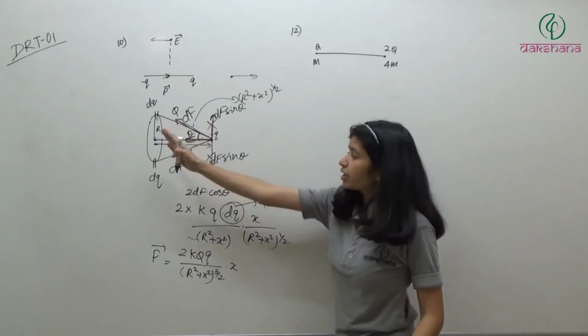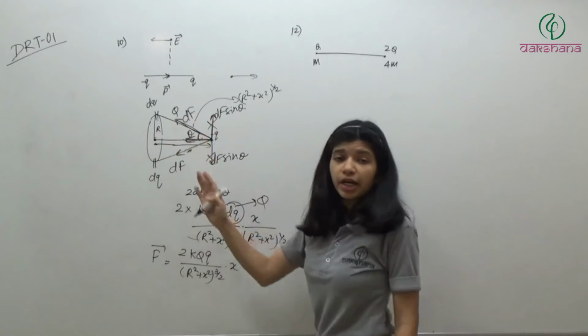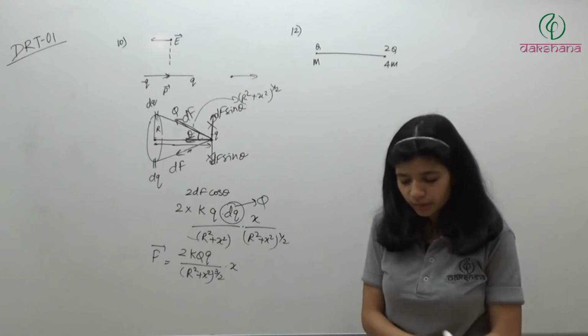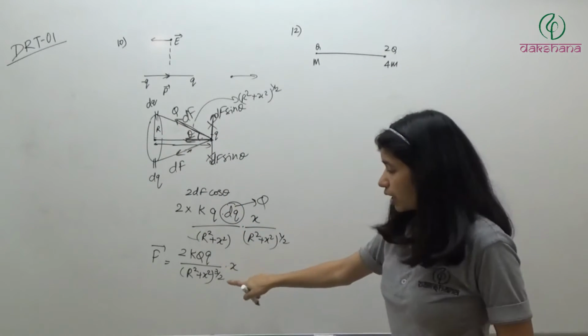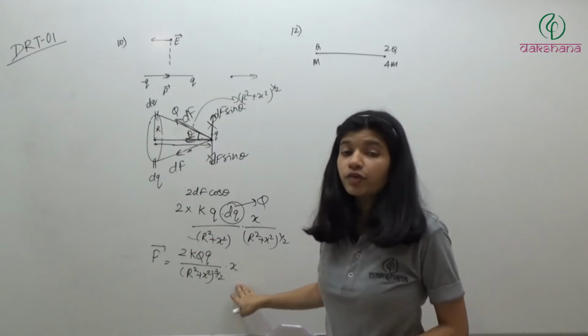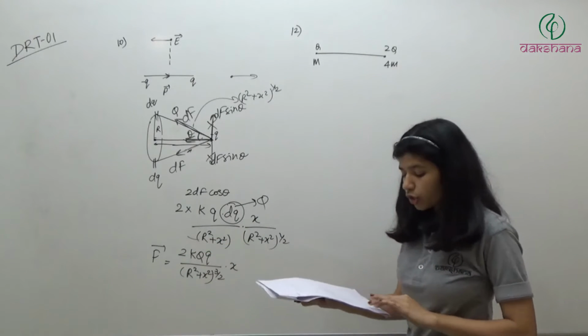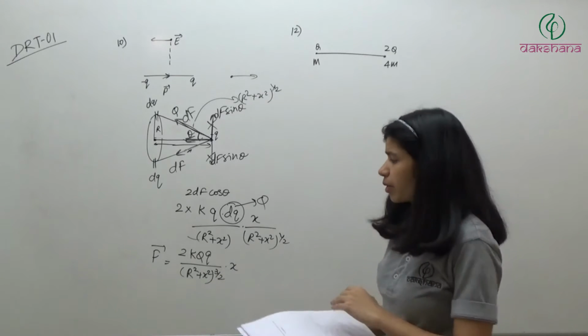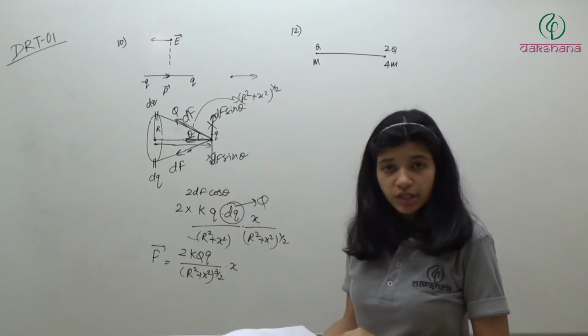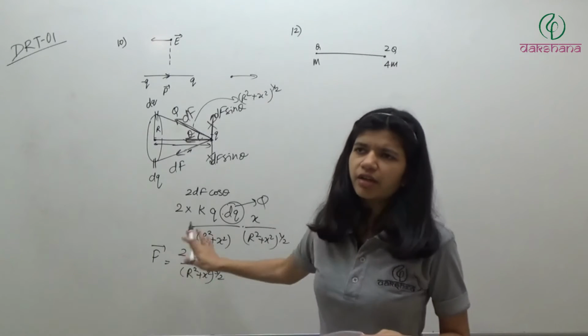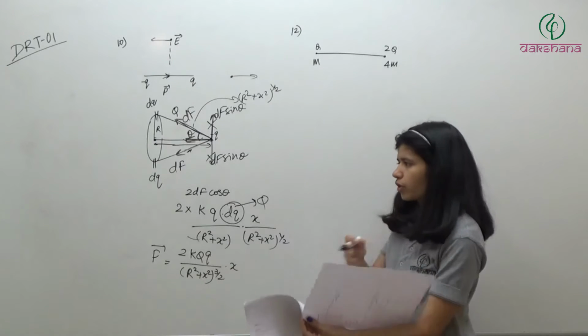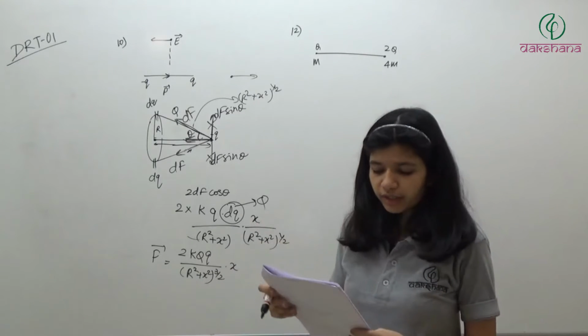So definitely it will oscillate, but it is not going to perform SHM. Clear? Because the force is not satisfying the condition which is valid for SHM. So the answer will be: executes oscillatory motion but not SHM. This question has come in previous year's papers, and this is a very famous question. So you should be able to solve it.